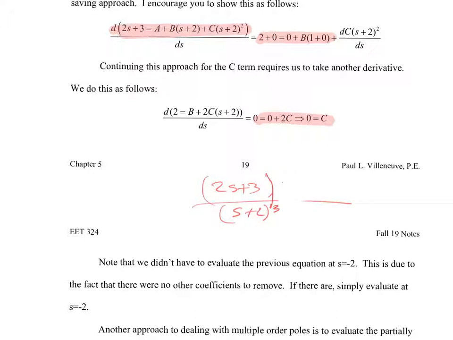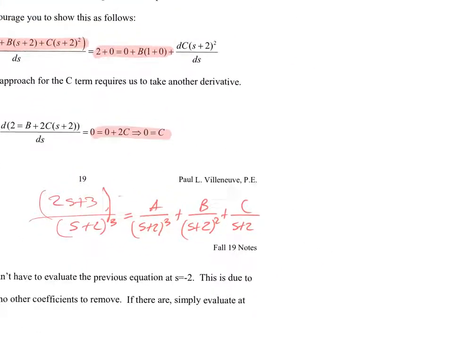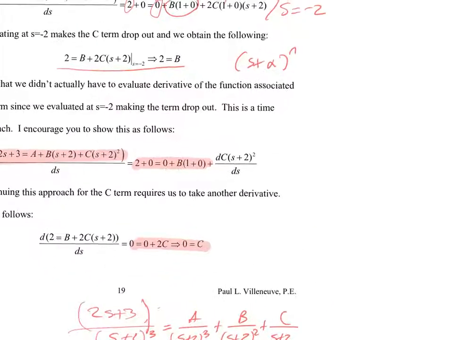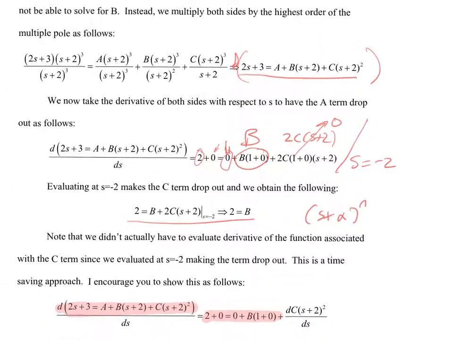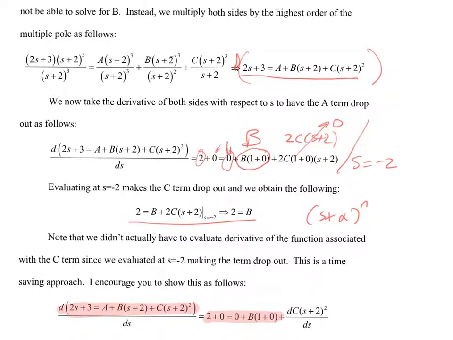So that is going to be equal to a over s plus 2 cubed plus b over s plus 2 squared plus c over s plus 2. I solve for a.